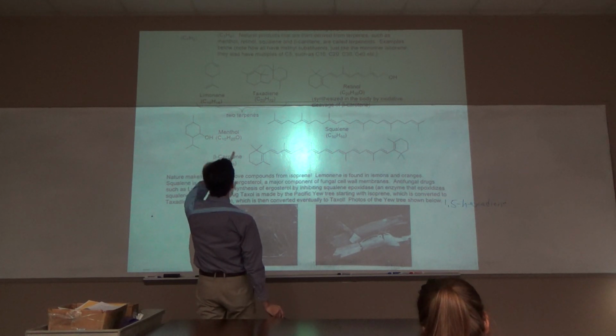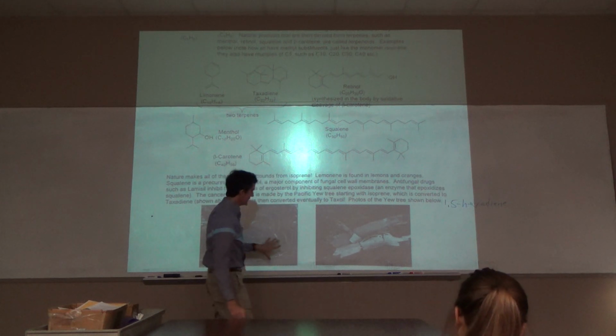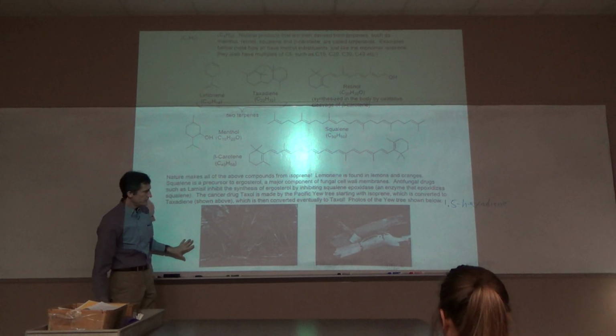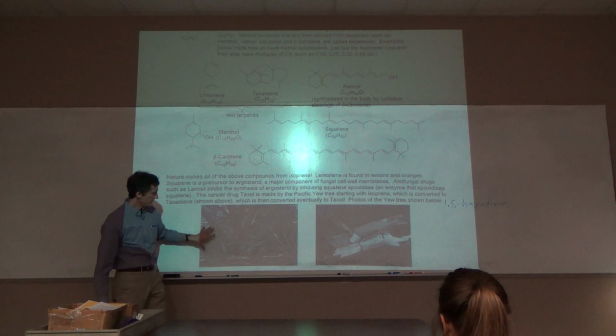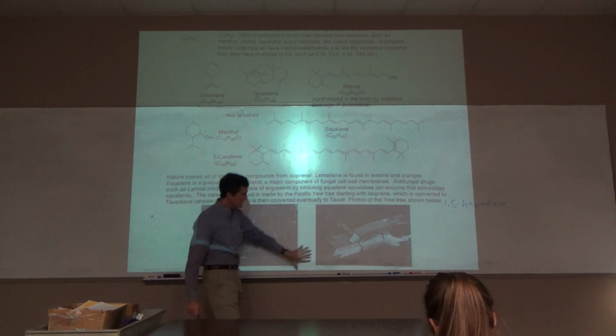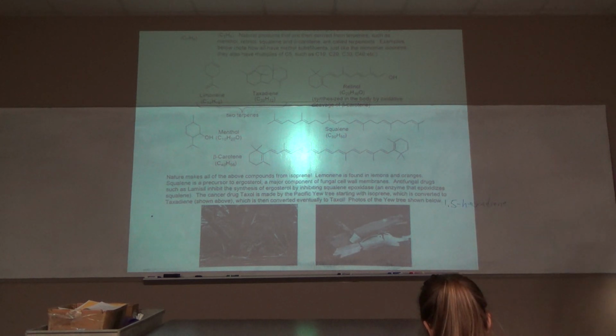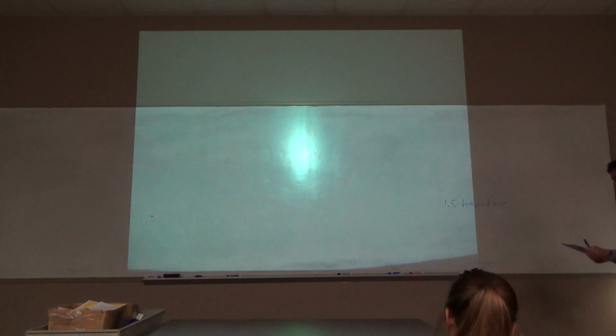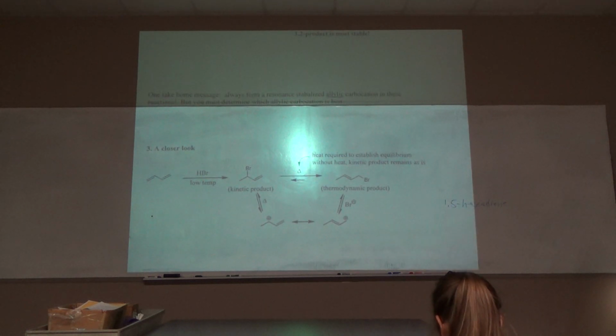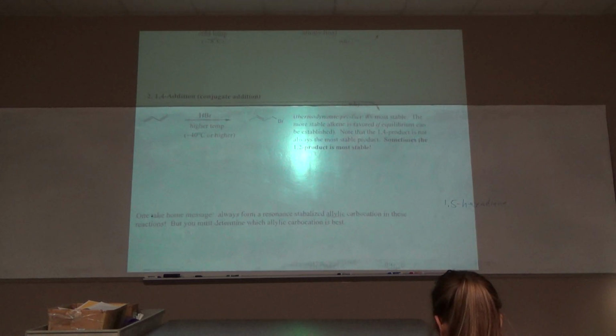Taxol. The structure of Taxol is not up there. But Taxol is a drug for breast cancer, and it was originally isolated from the yew tree. This is some of the wood, but out of that wood and out of that tree can be extracted that compound. Okay, so that was terpenes.